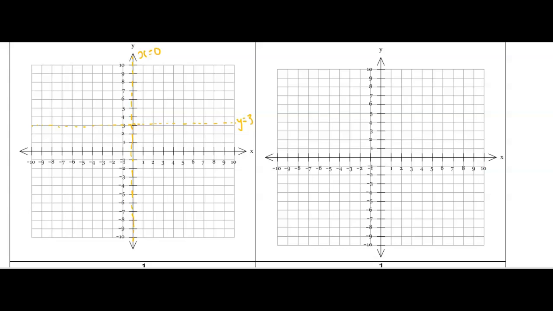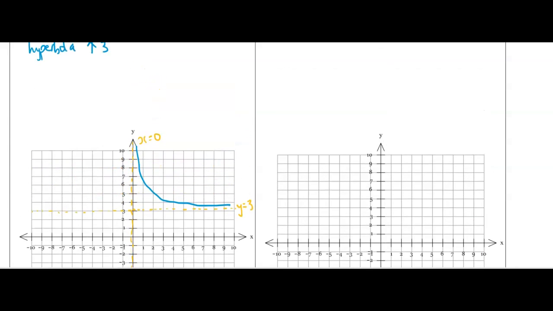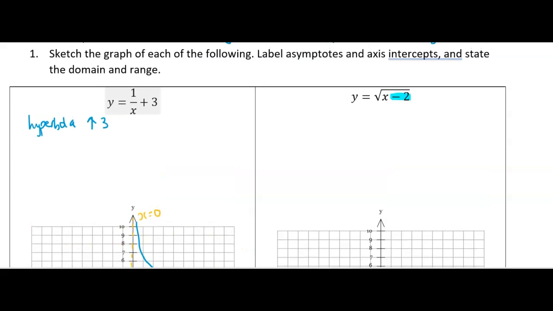I can see this part of my hyperbola does not cross the axis intercepts at all, but my other one does. So I'm going to have to find the x-intercept. We let y equal 0. You can do this on your calculator, but we're going to do it by hand.